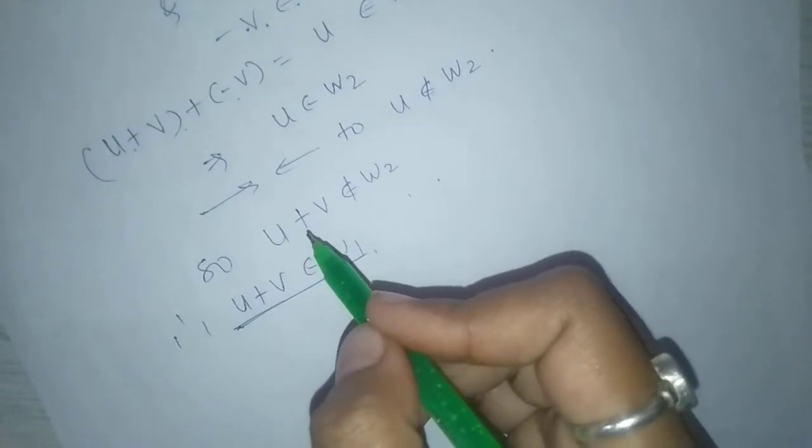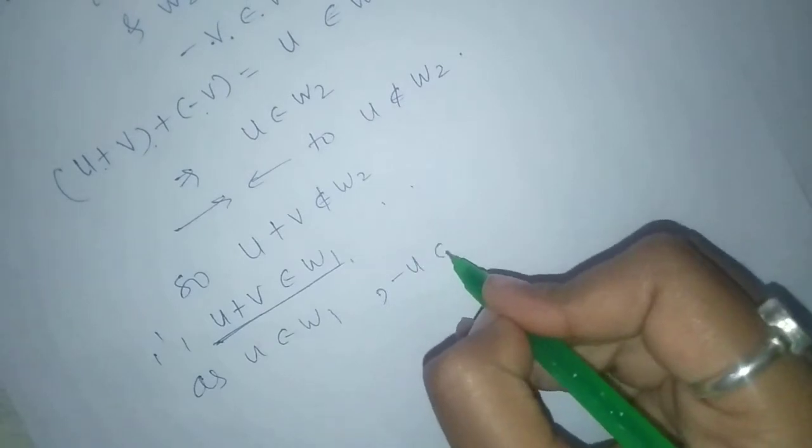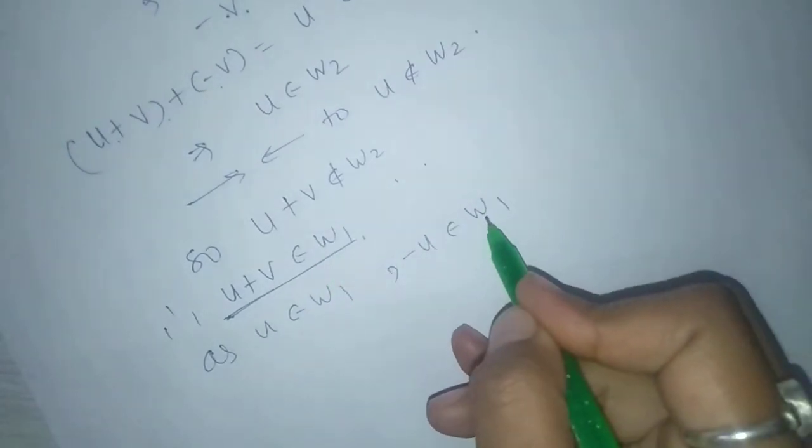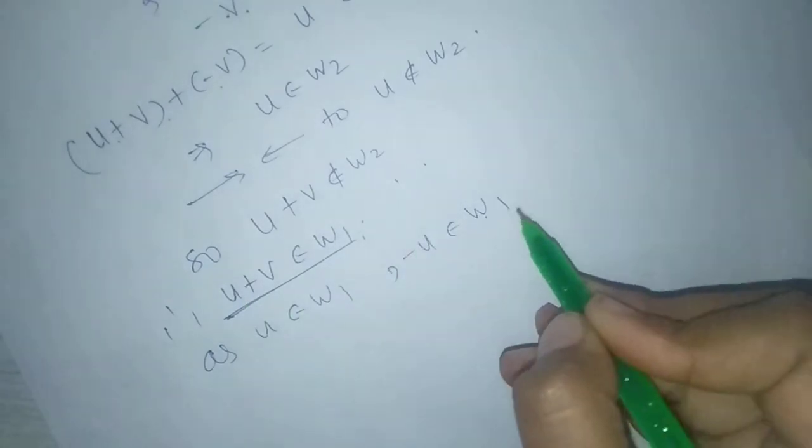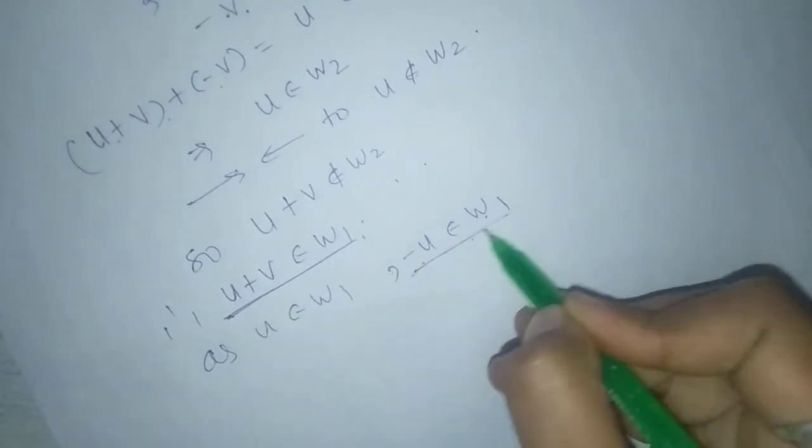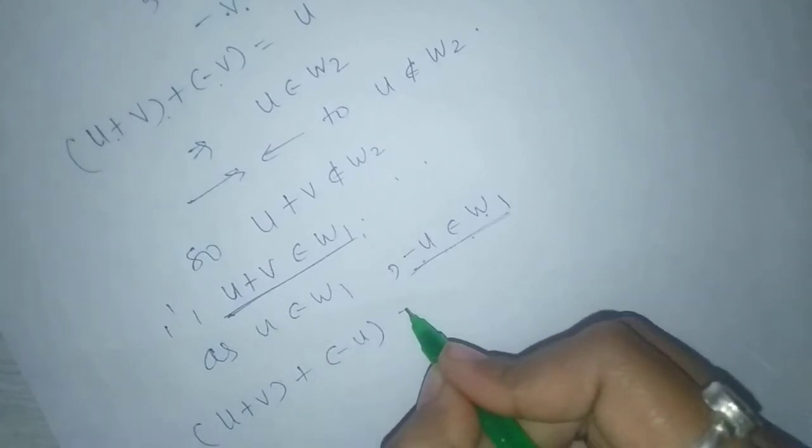As U belongs to W1, minus U also belongs to W1. So, by the closure property of W1, U plus V belongs to W1 and minus U belongs to W1, so their addition also belongs to W1.